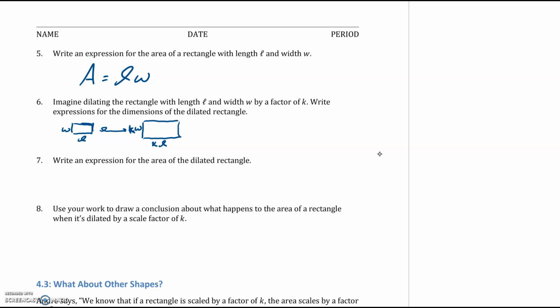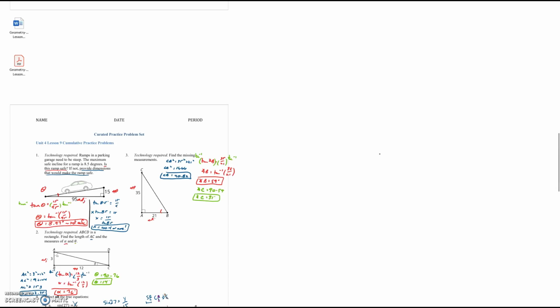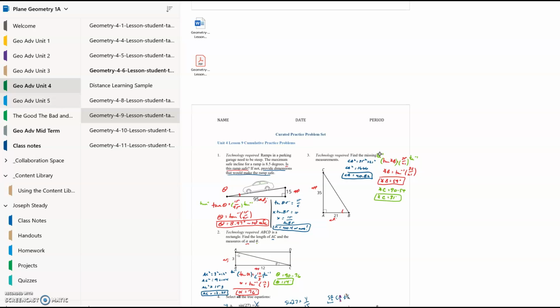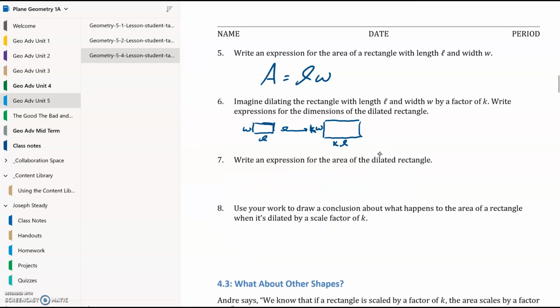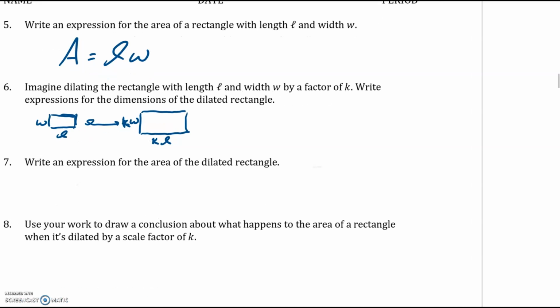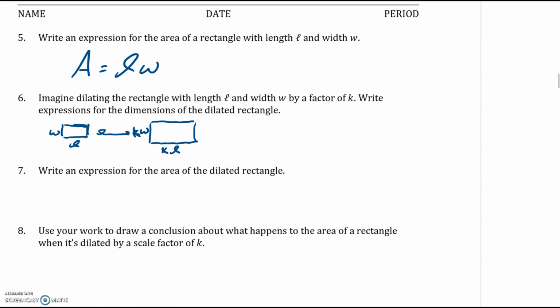So here we have our new dimensions, and we want to write an expression for the area of this new rectangle. Well, it's still going to be an area, but now we take this entire length, which is K times the length, and we multiply it by this entire width, which is now K times the width.